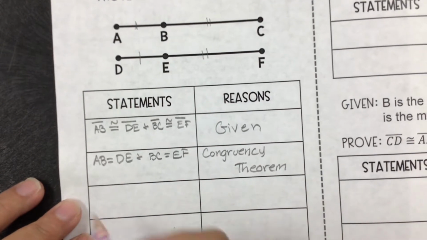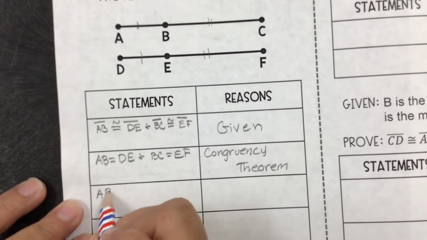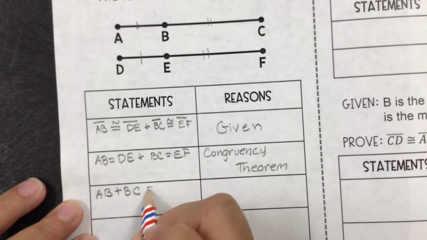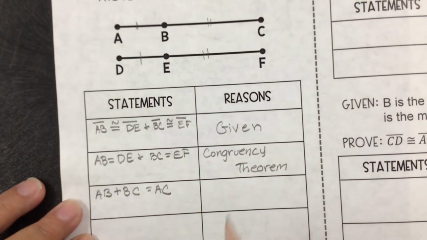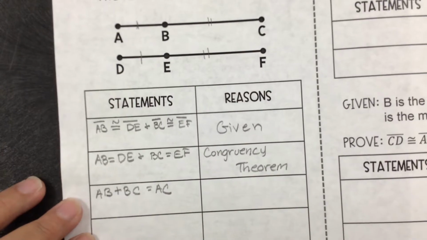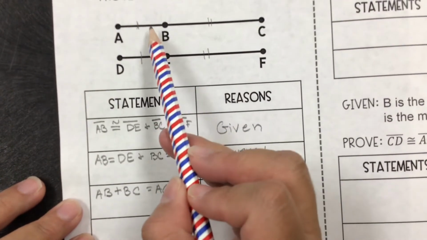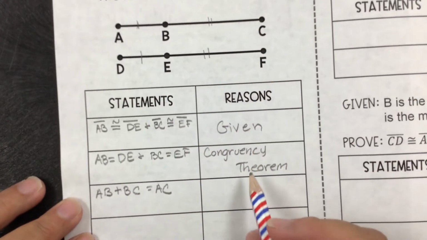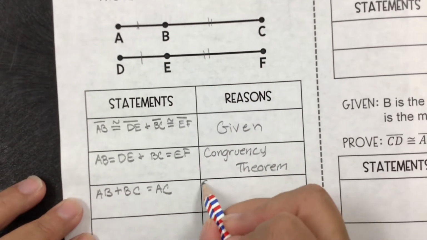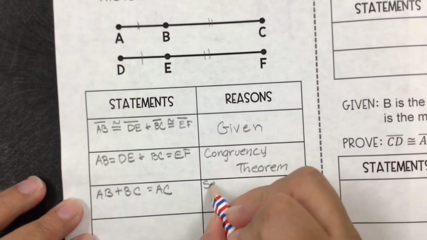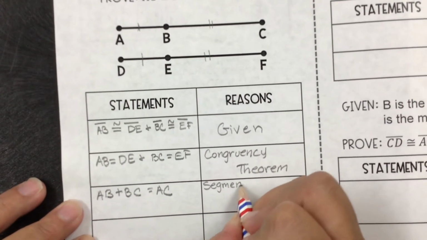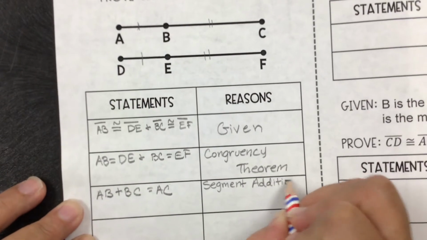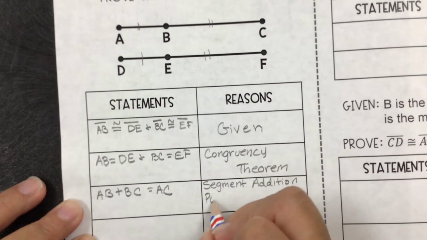The next thing that I can write is that AB plus BC is equal to AC. Why? What's the reason I can write that? Well, this piece plus this piece equals the whole thing. That's the segment addition postulate. That's the one I just mentioned earlier.